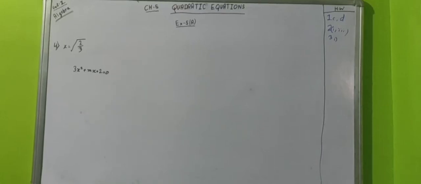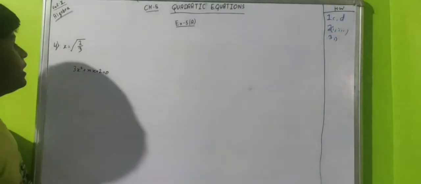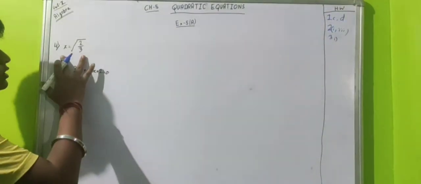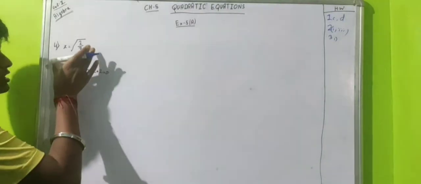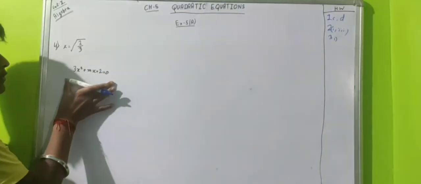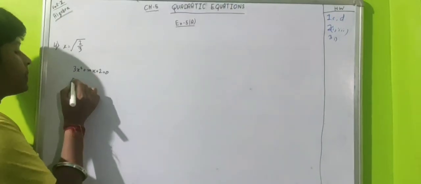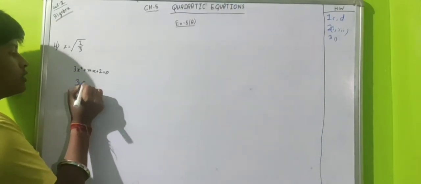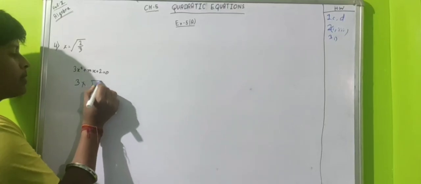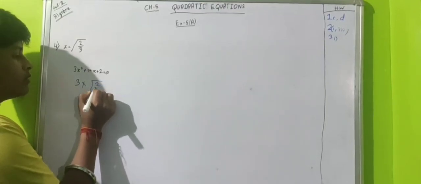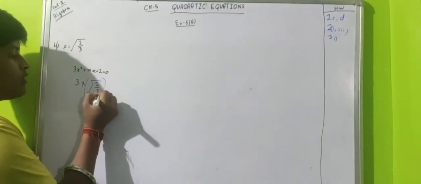Friends, now we'll solve question number 4, where the value of x is given as under root 2 by 3, and we have to put this value in this equation. So put it: 3 into square.